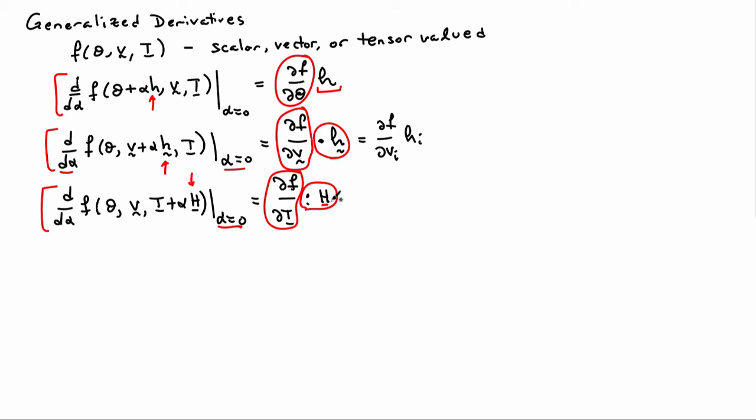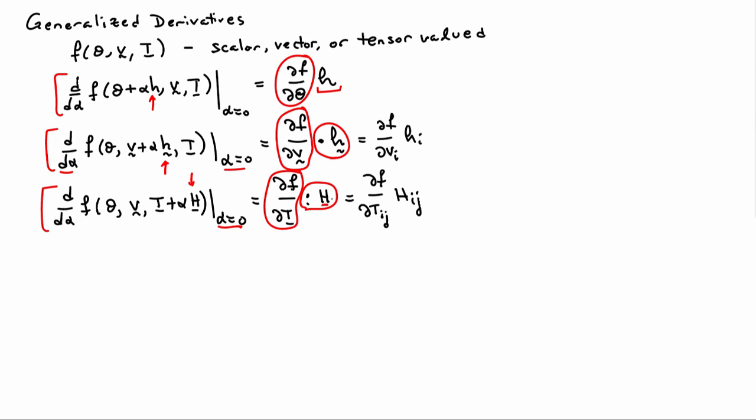So if I can isolate out the h, then I'll be able to determine what the derivative of f is with respect to t. And if I write this in components, that's the derivative of f with respect to tij times hij. So these are sort of generalized expressions here for taking derivatives, and they just build off the directional derivative formula that we're used to for positional derivatives.